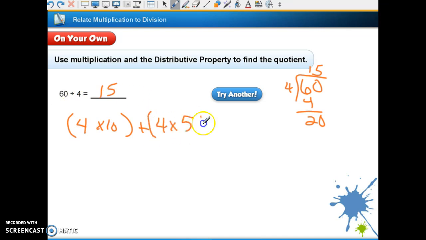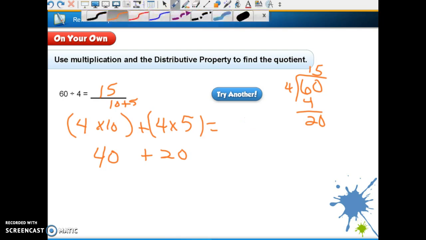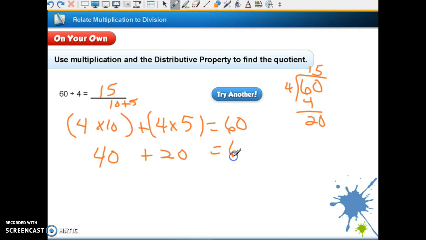We distributed 15 into 10 plus 5 is equal to, I'm sorry, not 108, I looked at the wrong problem. Is equal to 60. And 4 times 10 is 40 plus 20 is 60.